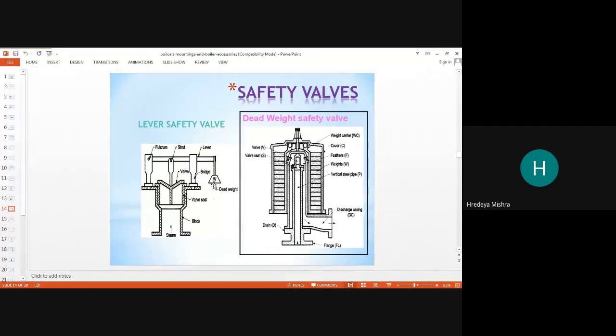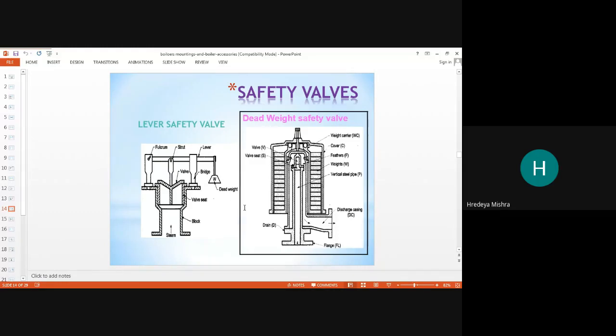Due to this weight the valve is open, and after releasing the required amount of steam, it automatically closes.